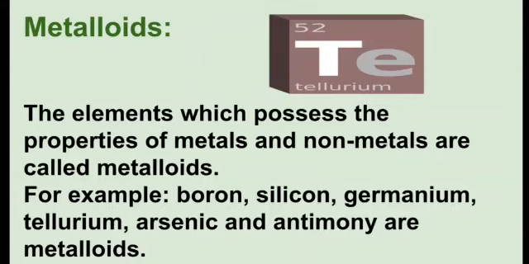There are three categories in the periodic table: metals, non-metals and metalloids. So we will study further about the periodic table. This is actually an introduction chapter which is given in class 8, and we will study metals, non-metals and metalloids in detail in class 9.